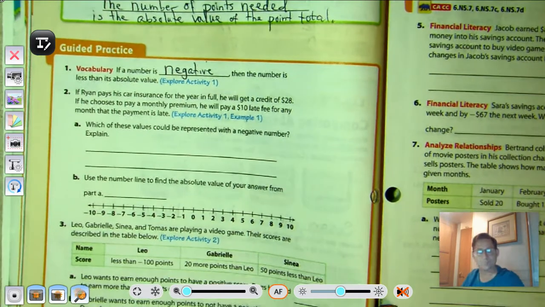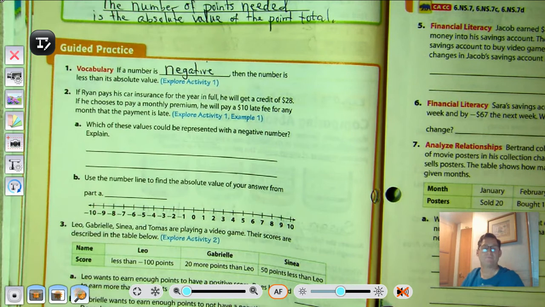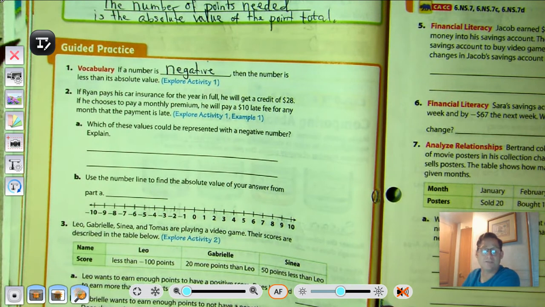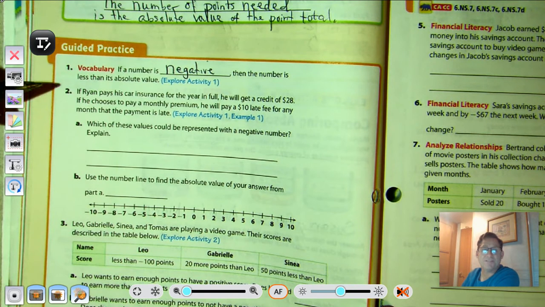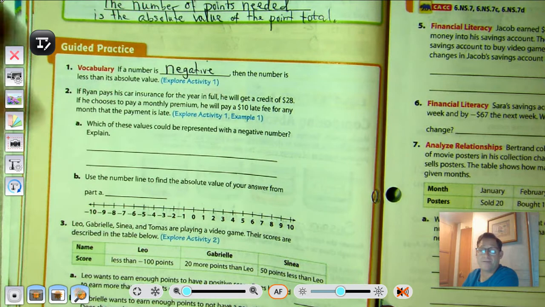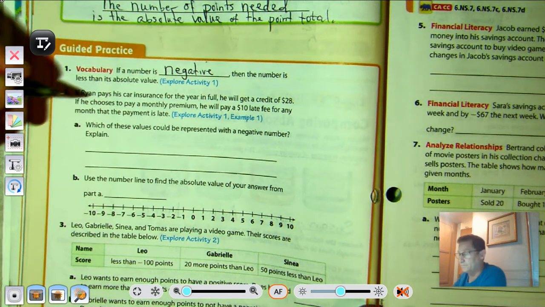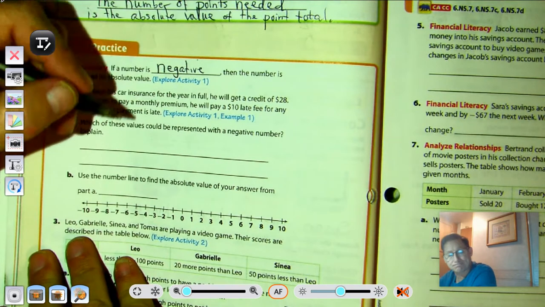Right, 2A. If Ryan pays his car insurance for the year in full, he'll get a credit of $28. If he chooses to pay a monthly premium, he'll pay a $10 late fee for any month that the payment is late. Which of these values could be represented with a negative number? And explain. Well, negative 10, right?